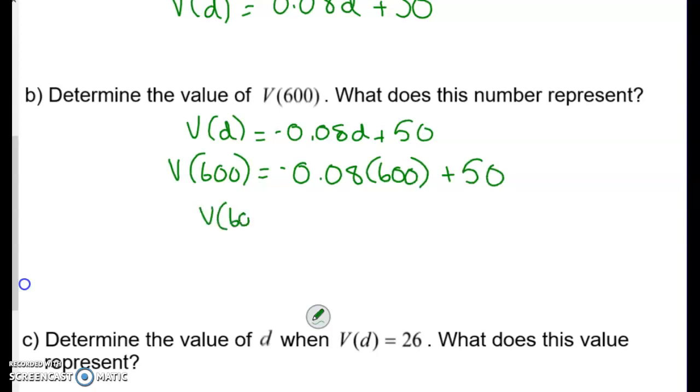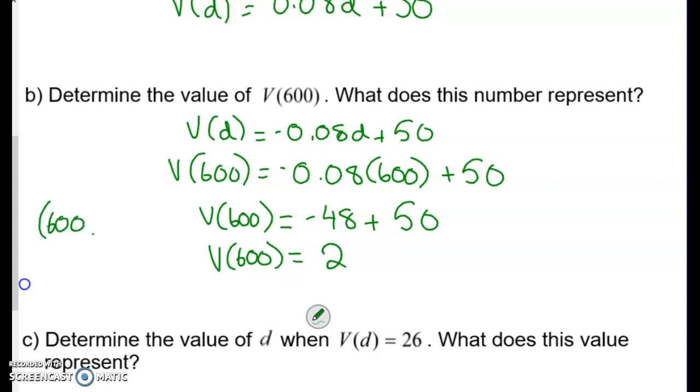V of 600 equals -0.08 times 600, which is -48. And -48 plus 50 equals 2. So our ordered pair would be (600, 2).